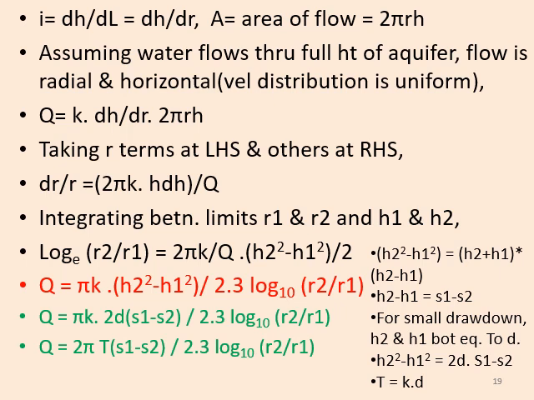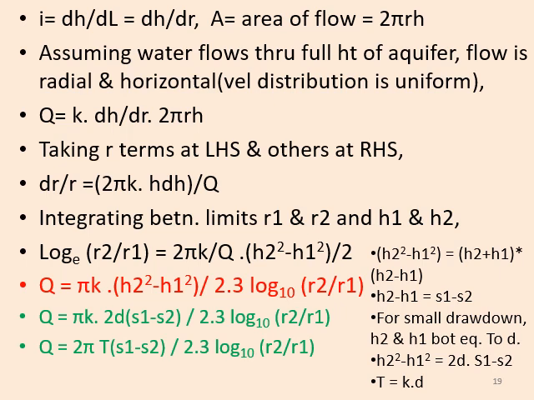Same 2D, 2 will be constant, pi will be constant, and K into D we can write as T. So another equation, also colored green here: Q equals 2 pi T into S1 minus S2, divided by 2.3 log 10 R2 by R1.